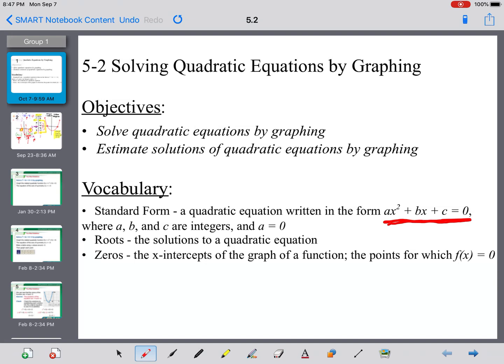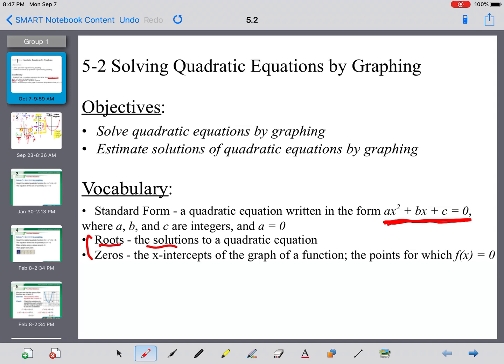So that's what we're saying. We're going to solve equations by graphing. We're going to look at where the function, the trinomial, potential trinomial at least, is equal to 0. Where are the x-intercepts? Those are the solutions.